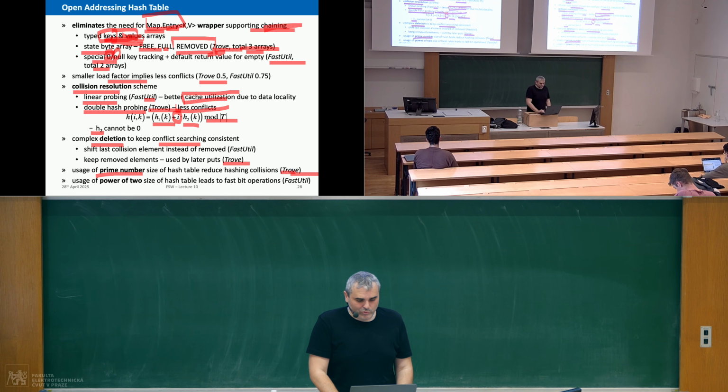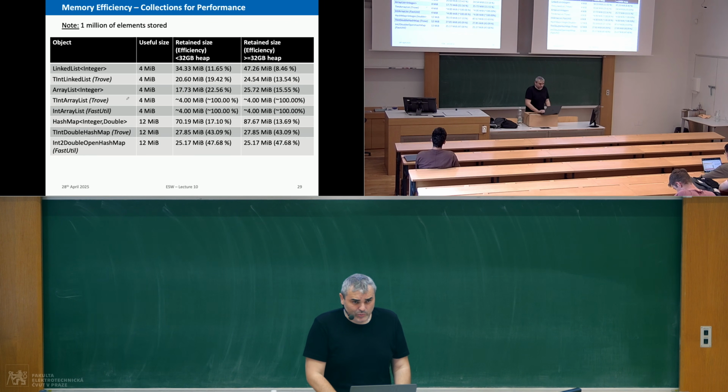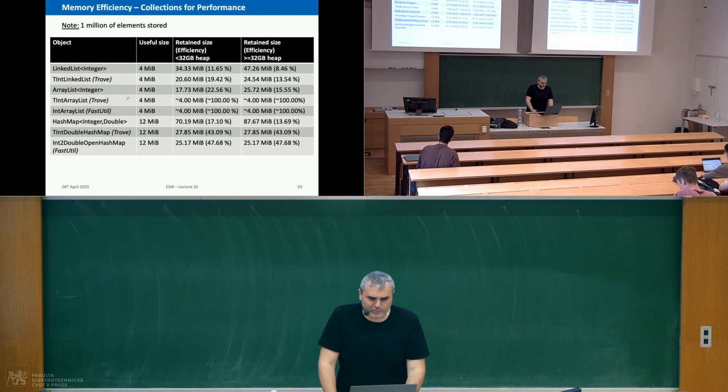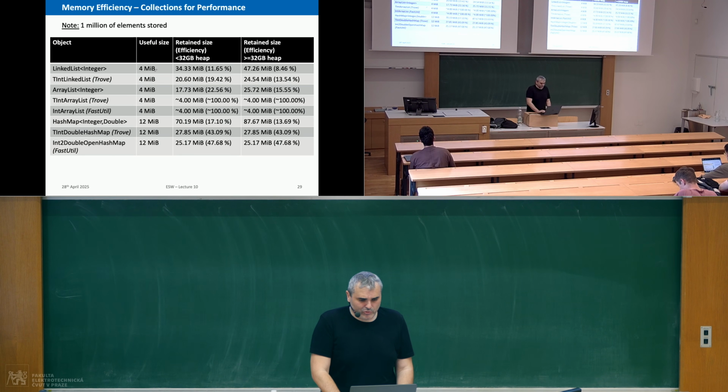You can look at the Trove implementation easily, because it's open source, and find how those prime numbers are quickly generated. On the other hand, fastutil used the standard power of 2 because it used linear probing, with power of 2 sizes of the hash tables.